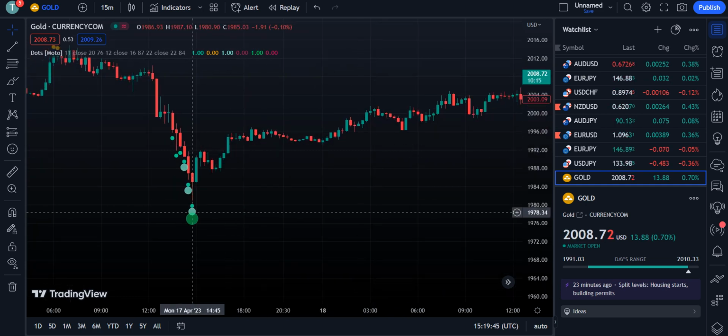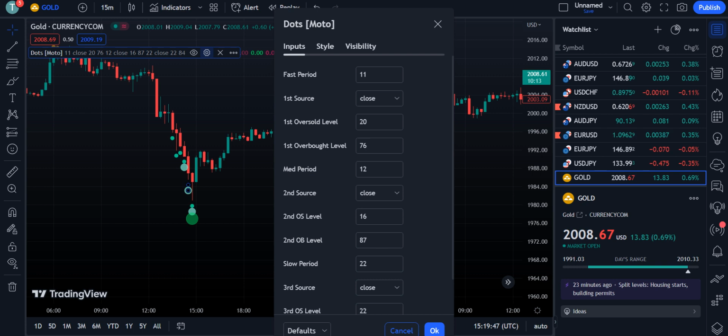It will be applied on your chart, and you can see some dots shown on your chart. Now you have to go into the settings tab and change a few of the settings of this indicator. Change fast period from 11 to 15, first oversold level from 20 to 30, first overbought level from 76 to 70, and medium period from 12 to 20.